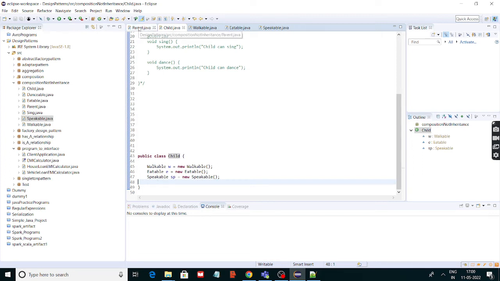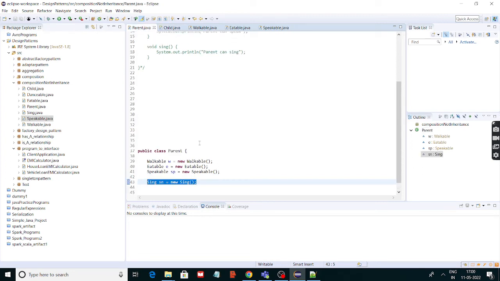So what does a has-a relationship mean? An is-a relationship means like child is a parent. Because the properties between the child and parent are similar, it is called an is-a relationship. A has-a relationship means a certain class possesses certain properties.